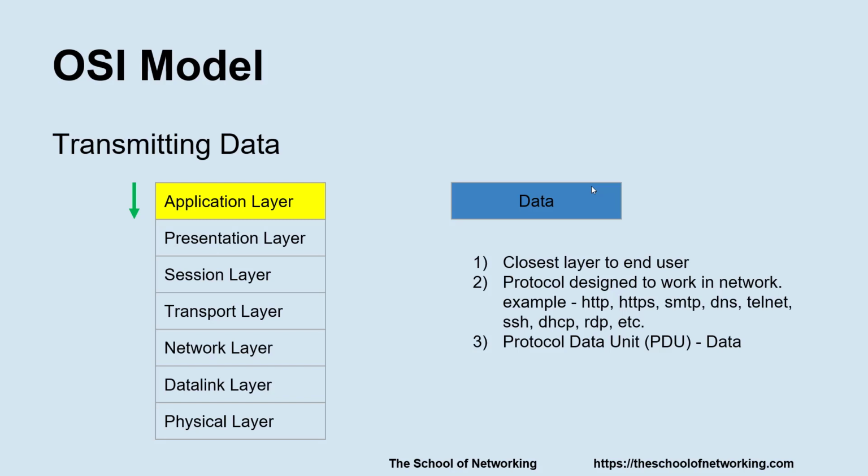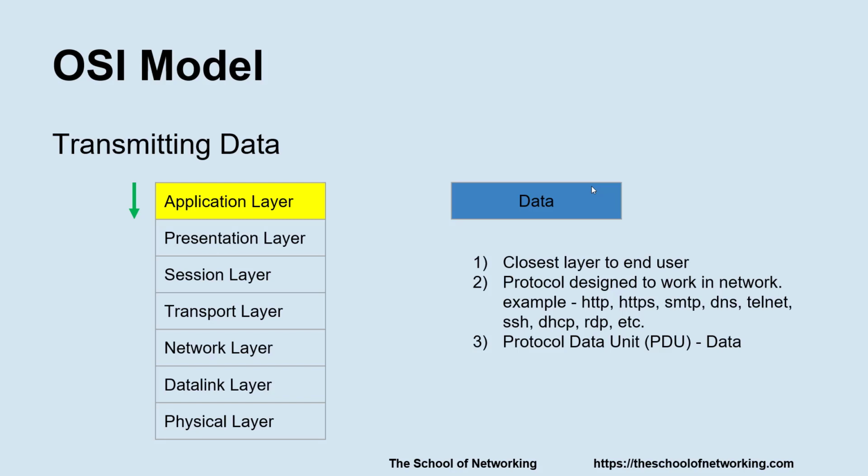Examples are, for web we have HTTP and HTTPS, for email we have SMTP, for name to IP resolution or IP to name resolution we have DNS, the Domain Name System. For remote access we have Telnet or SSH. For dynamically assigning IP addresses we have DHCP, and for remote access we also have Remote Desktop Protocol. These are a few examples, and there are many more. The protocol data unit at the application layer is referred to as data.